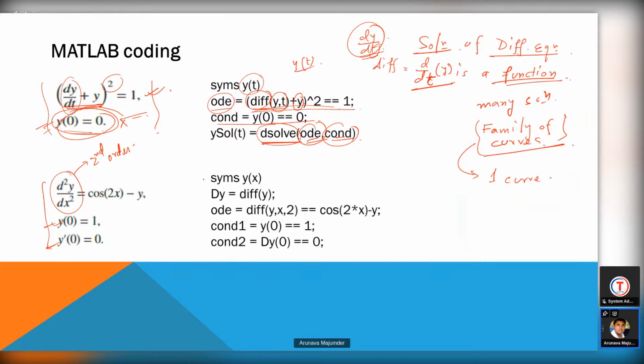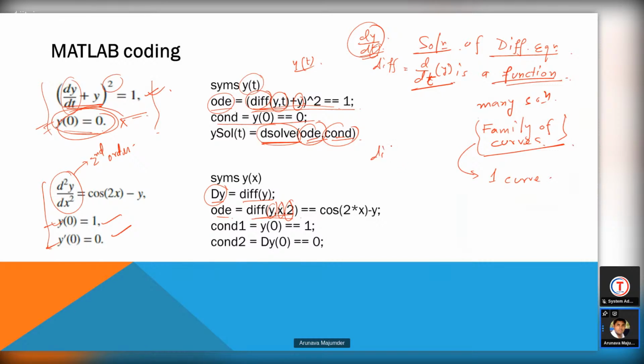This is a second order ODE, with two initial conditions, condition 1 and condition 2. So dy is just a variable, equal to diff of y. The ODE here is diff(y, x, 2). Why is it diff(y, x, 2)? Y means the dependent variable, x means the independent variable, and 2 is the order.